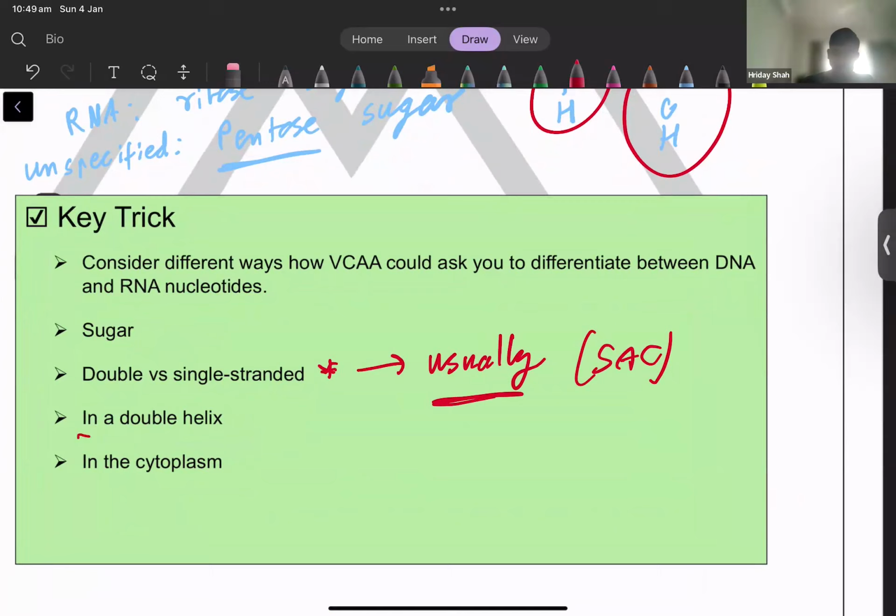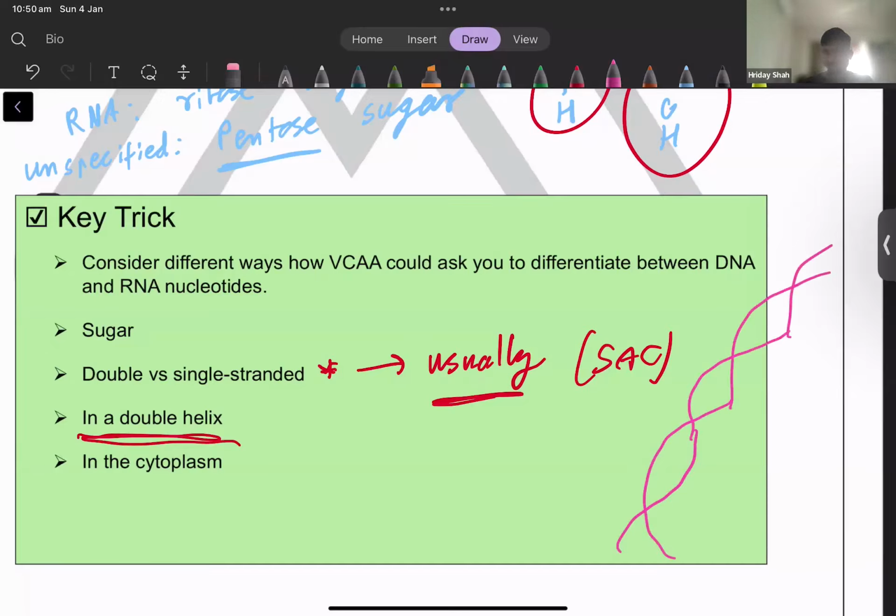Double helix, right, is referencing the structure of DNA. RNA might be single-stranded like this, but if it's a double helix shape, so helical means like this sort of spiral, that has to be DNA. So this is definitely telling you DNA.